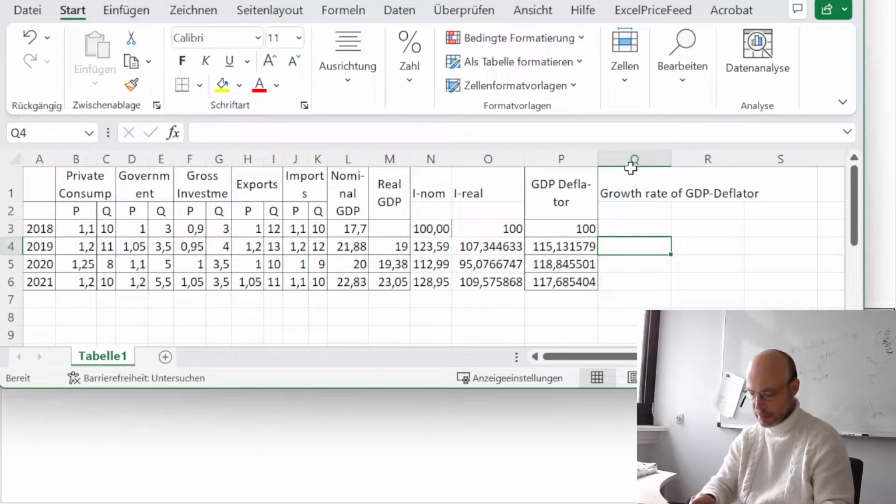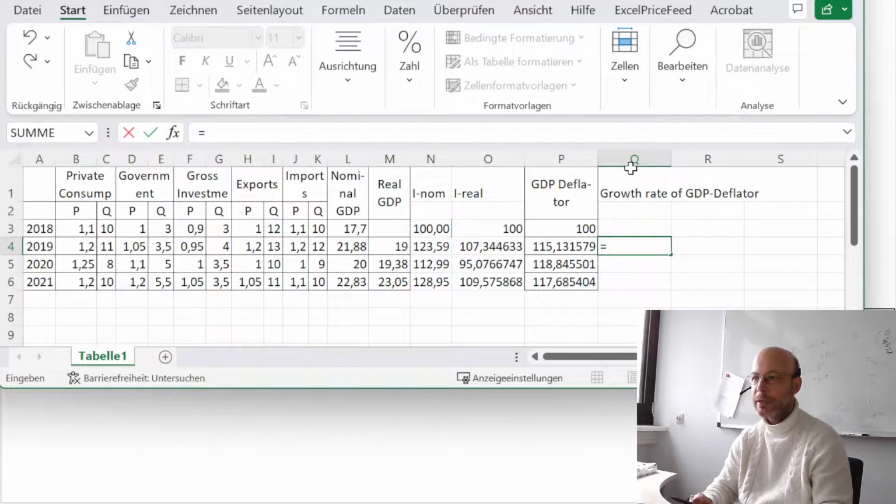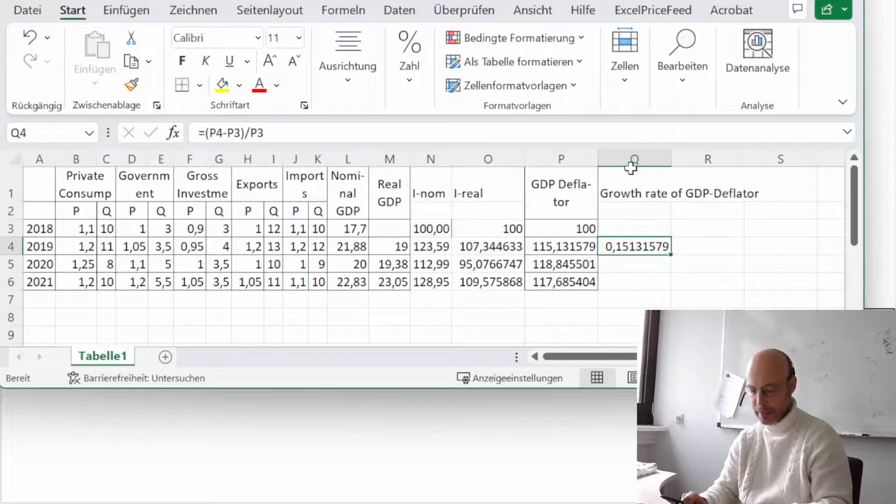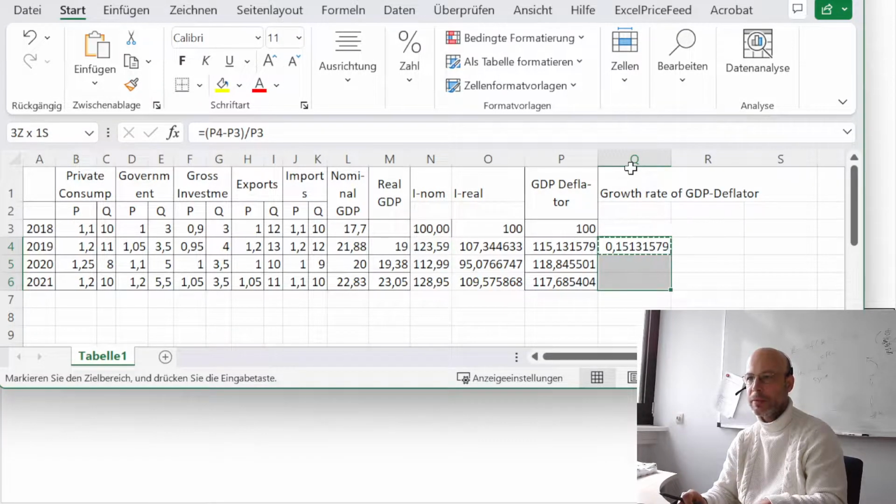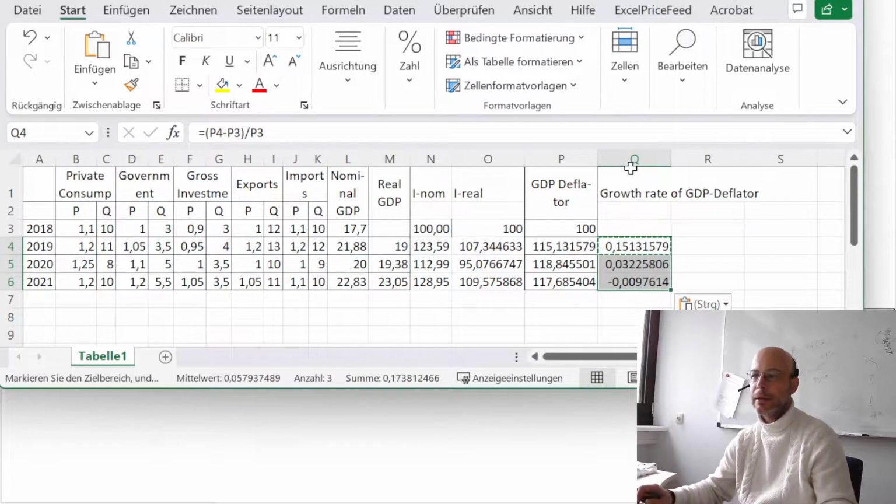This will of course be the change, 115 minus 100, divided by the former value of 100, and then we obtain our price development in general.